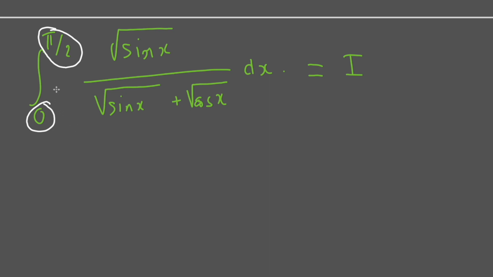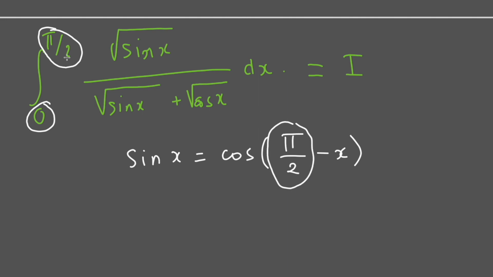Based on the domain of x, we have sine x equal to cosine of pi over 2 minus x. You see, that pi over 2 is related to the domain of x here. And then cosine x equal to sine of pi over 2 minus x.